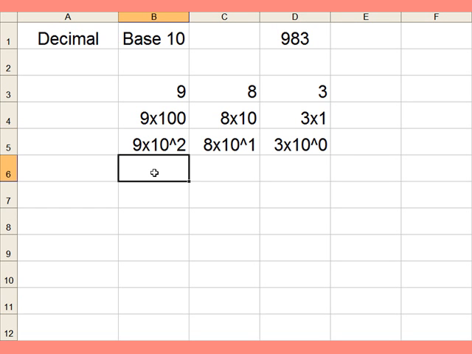Anything that's raised to the power of 0 is 1. So we have the ones place, the tens place, and the hundreds place, and of course this would keep going into the thousands place, the 10,000s place, and so on.